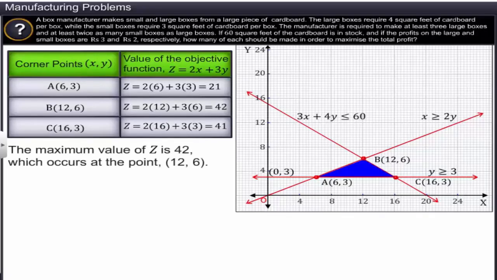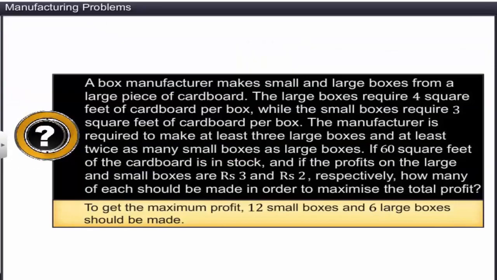The maximum value of the objective function is 42, which occurs at B (12, 6). Thus, to get the maximum profit, 12 small boxes and 6 large boxes should be made.